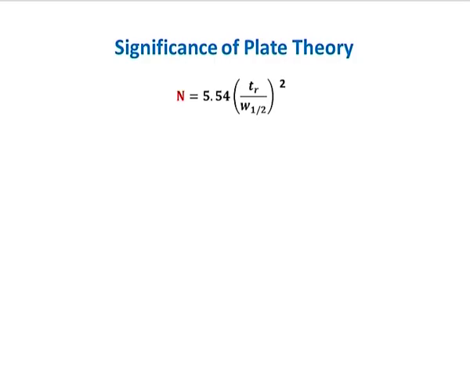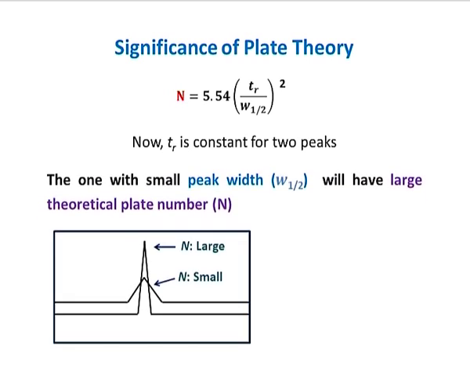Now, look at it from the perspective of peak width. In this case, I will keep Tr constant for two peaks. Let me see what happens. In this image, as you would notice, Tr for this peak and Tr for this peak are exactly the same. What is different? The difference exists in peak width. In this particular case, peak width is more, and hence if peak width is more, its theoretical plate number N has got to be small.